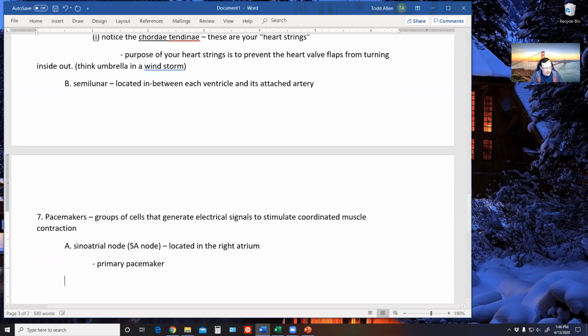That's the primary pacemaker. The first backup pacemaker is the atrioventricular node, the AV node. The AV node is located between both the left and right atria.